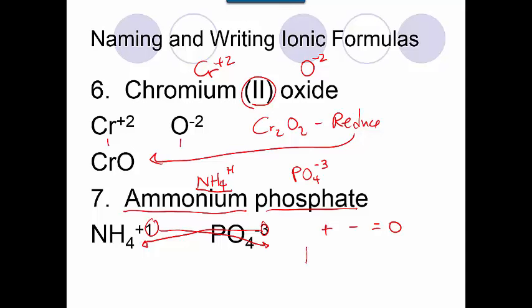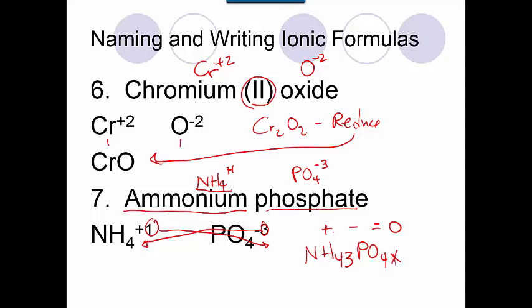So what you don't want to do is write NH4, drop your 3 down, and then put PO4 and put a 1. Because now you don't have NH4, you have NH43, and that means something totally different. And first of all, we don't write the ones, they're understood. So we don't need that one at all.